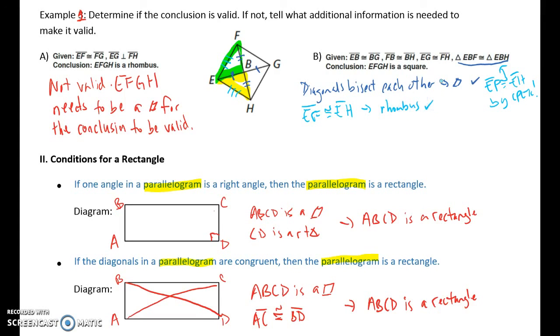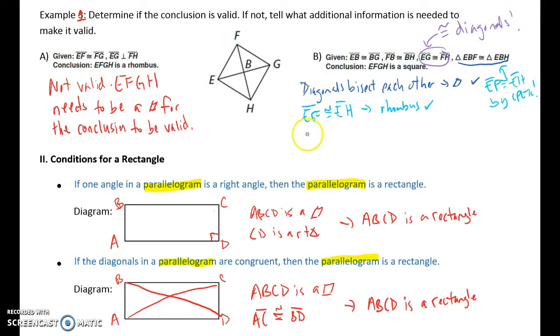Check. So finally, ask yourself, is this a rectangle? So what do we think? Take a look at the last piece of information. I'm going to go ahead and just erase all this because I've marked that all up for the other two. Since we already know it's a parallelogram and a rhombus, I don't need those marks anymore. And now let's check and see that last piece. So it says EG is congruent to FH. And if you look at EG and FH, these are diagonals. So I have congruent diagonals.